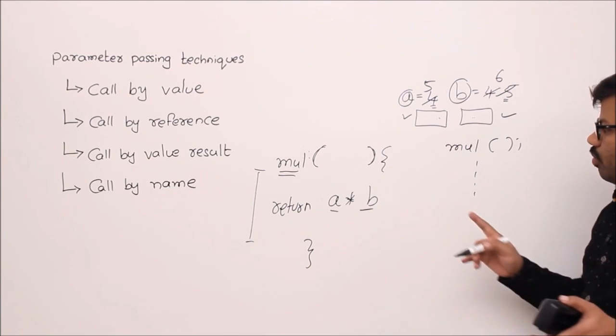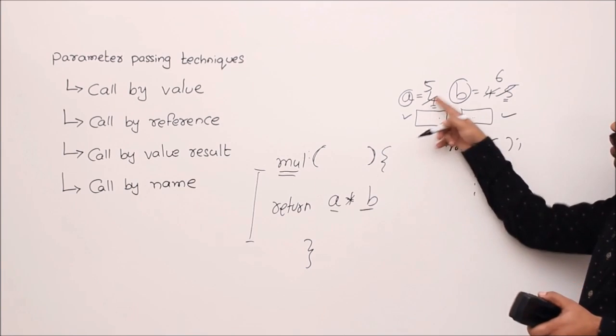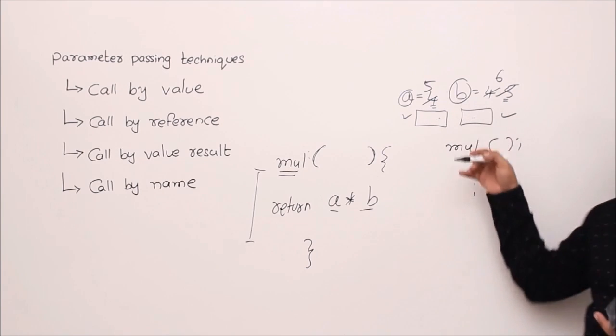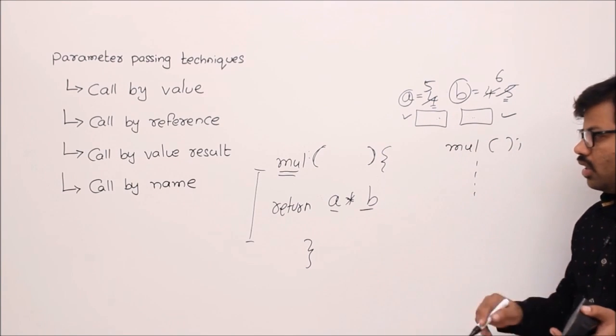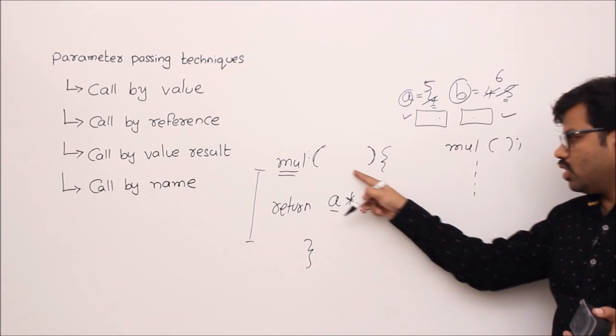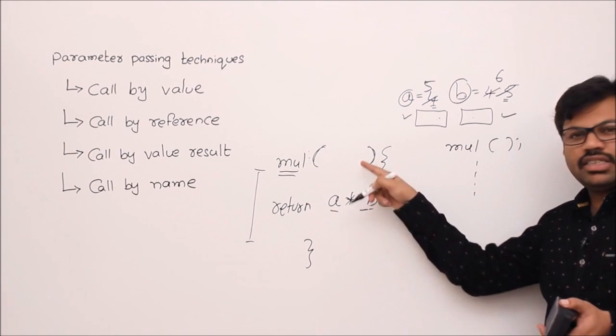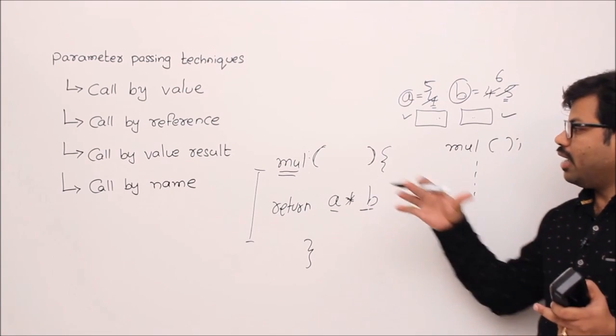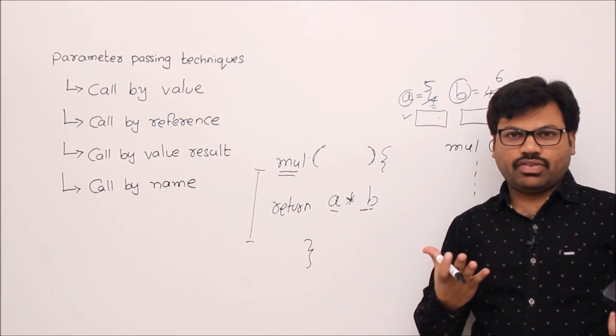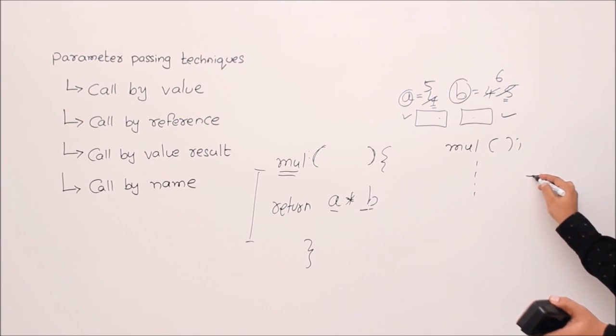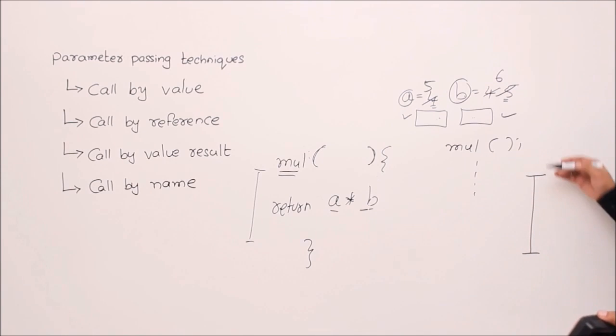But one more problem I can see here is that these global variables' lifetime is throughout the program. Understand? The purpose of these global variables is to use them in multiplication. Then we don't know when the multiplication method will be active, right? For example, this is the history of your program, your execution.